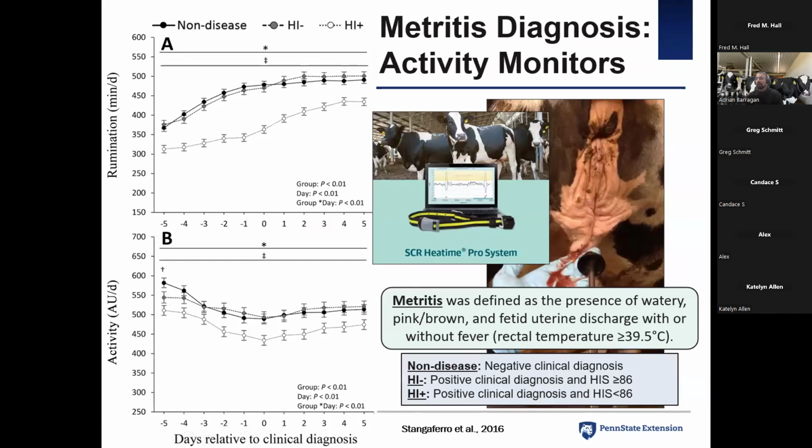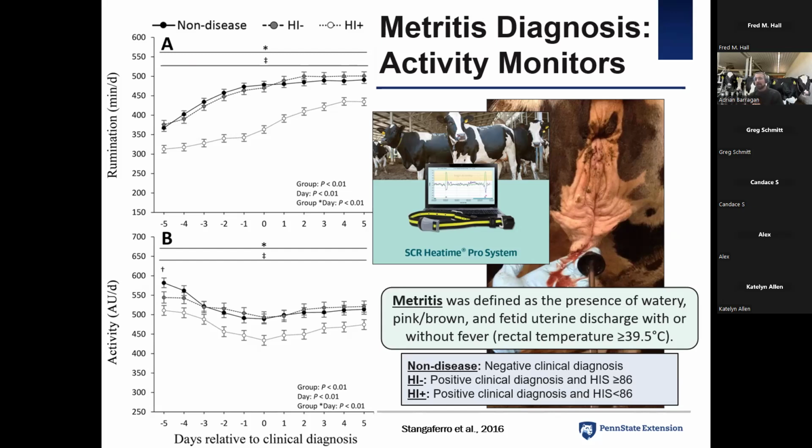And one thing that I wanted to mention, going back to the activity monitor study, is that we could use that, and if I have to come up with a final take-home message about diagnostics, my recommendation, if we have this technology on the farm, is that we can use it together, right?